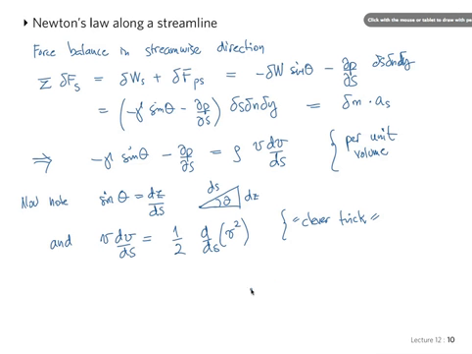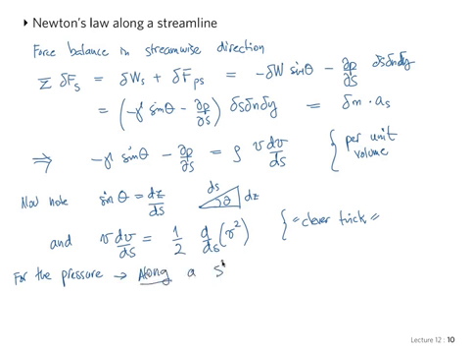So now we're looking at variations along a streamline. So for the pressure, if we're looking only along a streamline, then we can write simply dp/ds. We don't need to worry about the partial derivatives because everything is along a streamline.